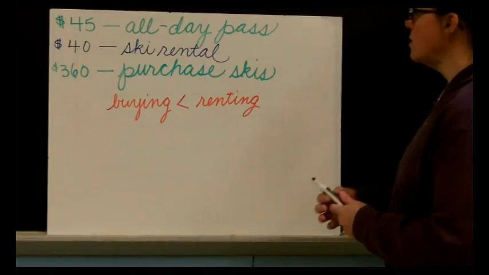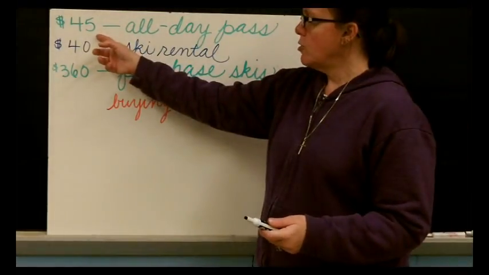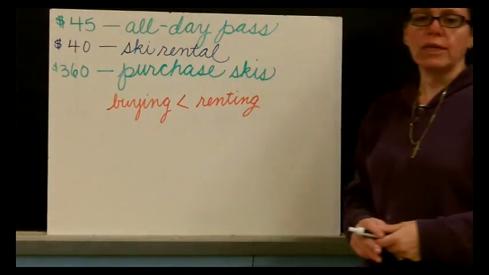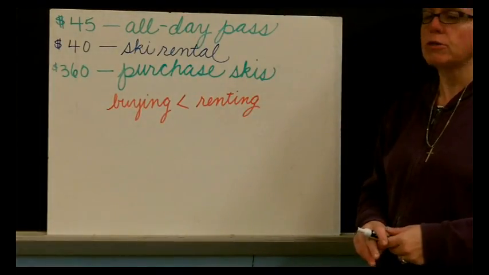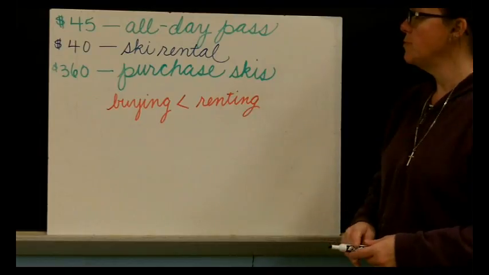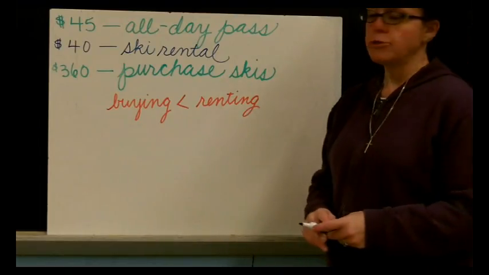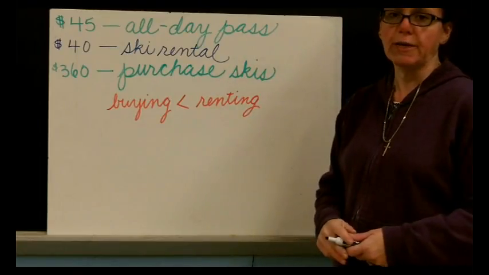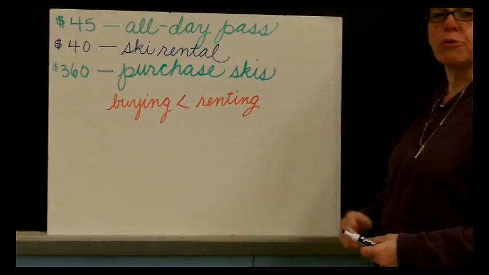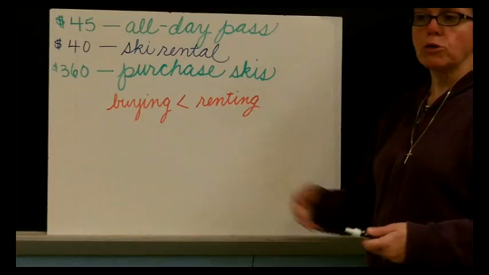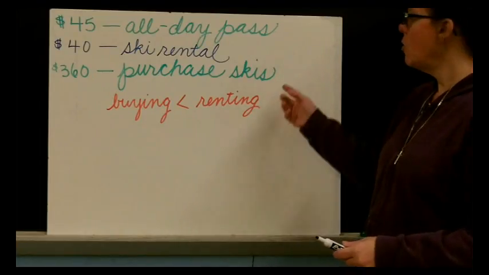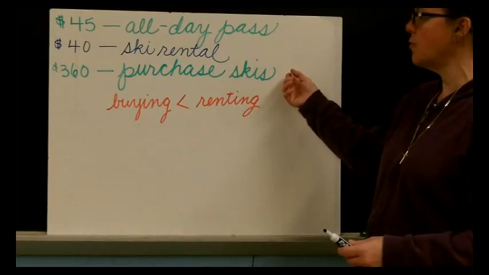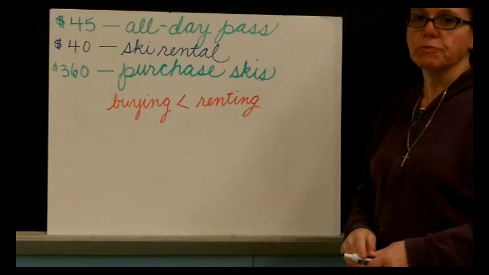If you want to ski at the ski resort, you'll pay $45 for an all-day pass. If you don't have your own skis, you can rent them there for $40 per day. And if you went skiing often enough, you could purchase your own set of skis for $360.